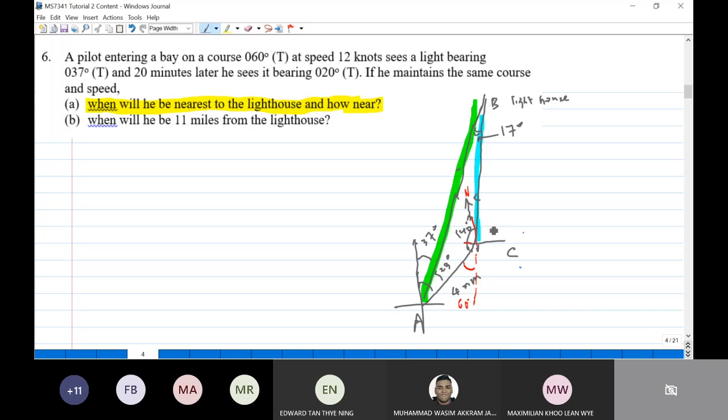So for the pilot flying from A to C and continuing the same flight, they can find that the nearest point is when this is the nearest point to the lighthouse. So the pilot flies across this way to the lighthouse to B, right?